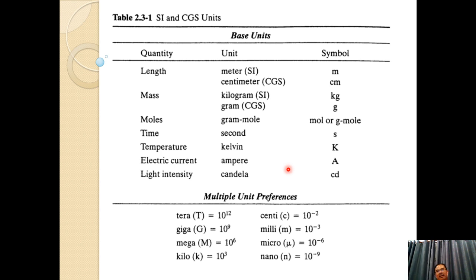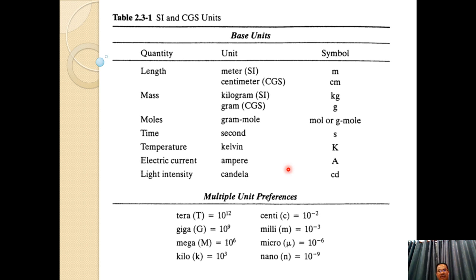Okay, for example, the base units for SI and CGS. For length, SI is meter, symbol m. CGS is centimeter, symbol cm. Mass is kilogram, kg, and in CGS is gram, g. There is also mole, commonly used in chemical or petrochemical engineering, like gram mole. Time is second, temperature is Kelvin. Electrical current is ampere.